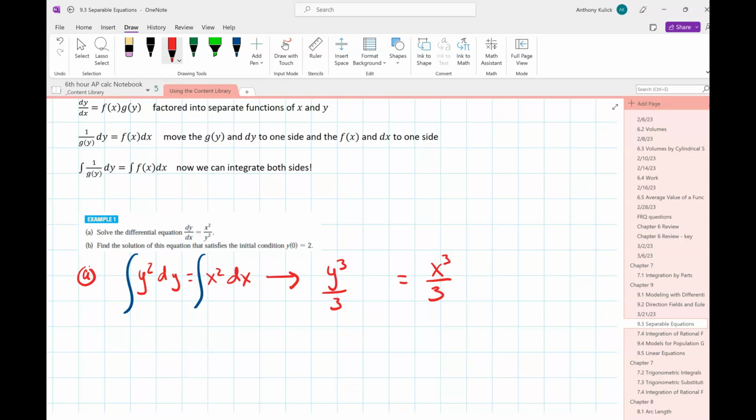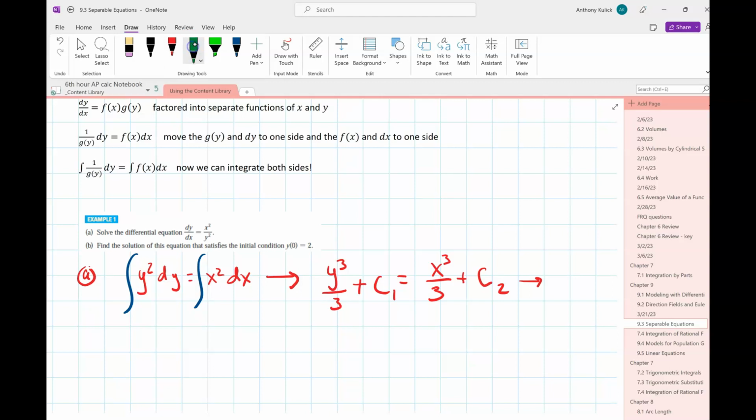Yeah, these were indefinite integrals, so they both need a plus c at the end. And technically speaking, these are different c's, so I'm going to add a subscript. They don't necessarily have to be the same constant. They could be, but they don't have to be. And then usually we would move the constant all to one side.